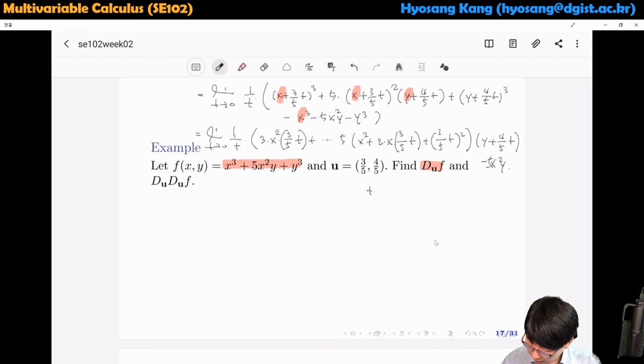So we have plus 3 times y squared 4/5t, and so on.